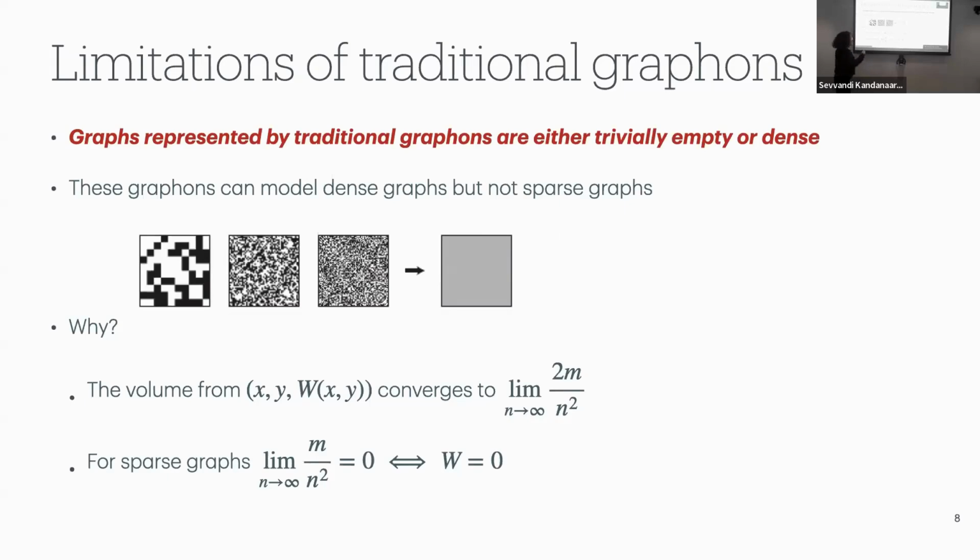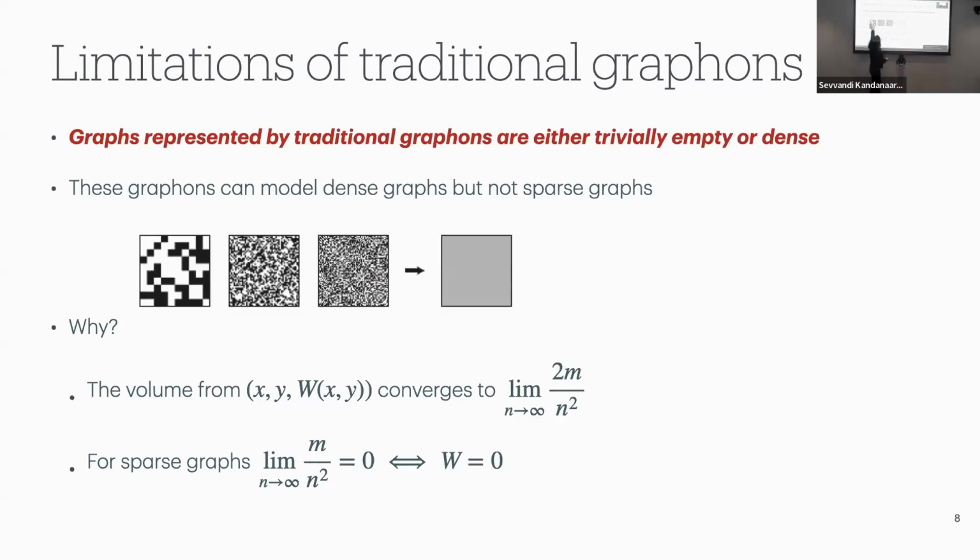Here we have a sequence converging to W. If you take the integral, the volume under W(x, y), this integral converges to 2m over n squared. And for sparse graphs, m over n squared goes to 0.